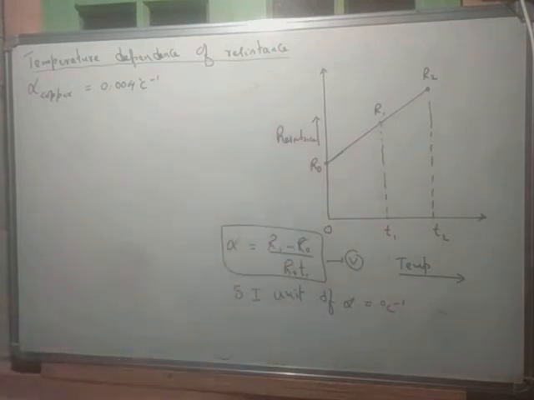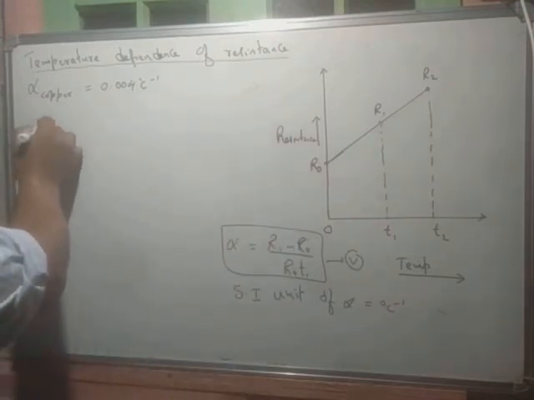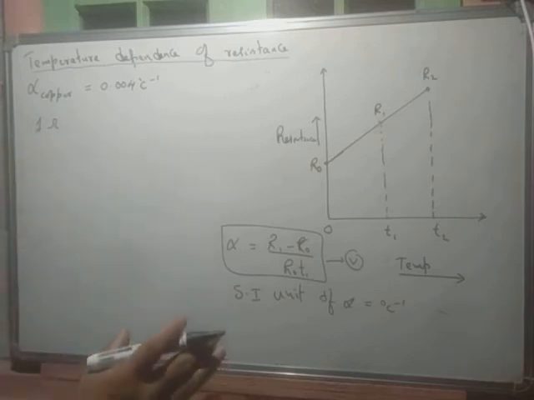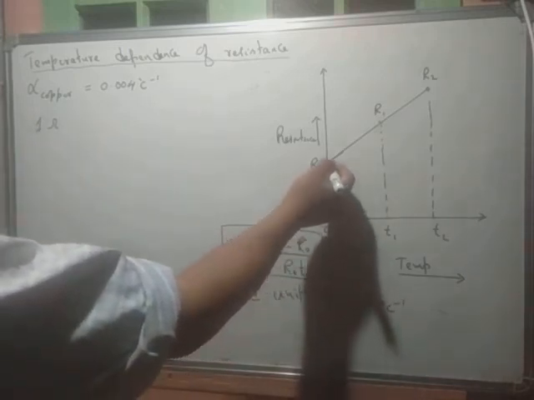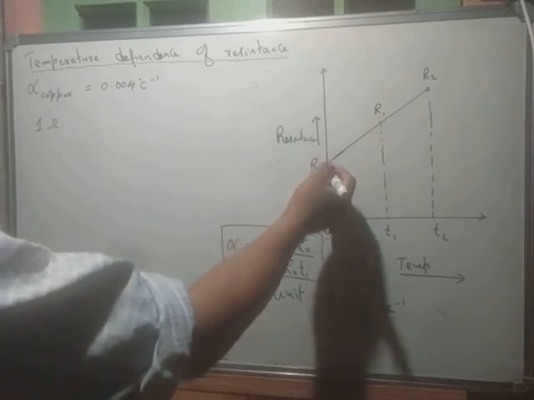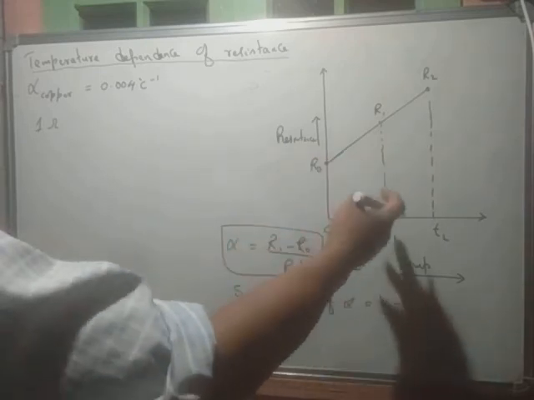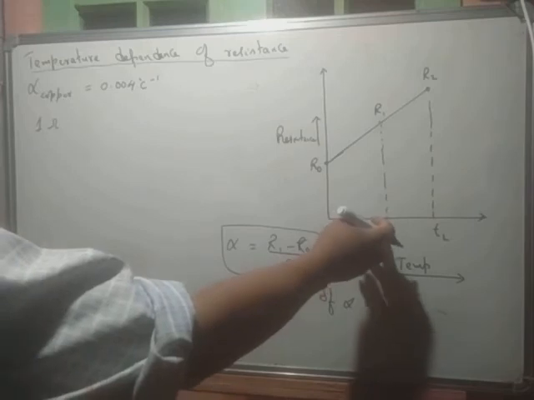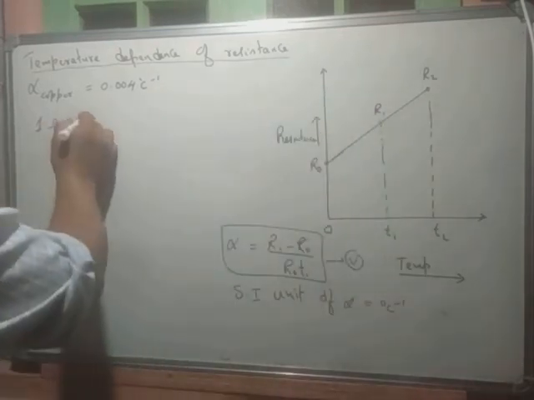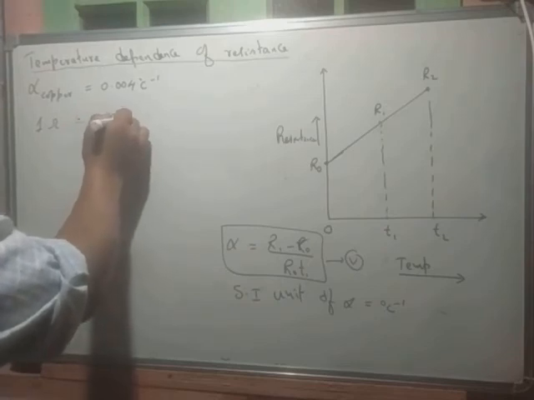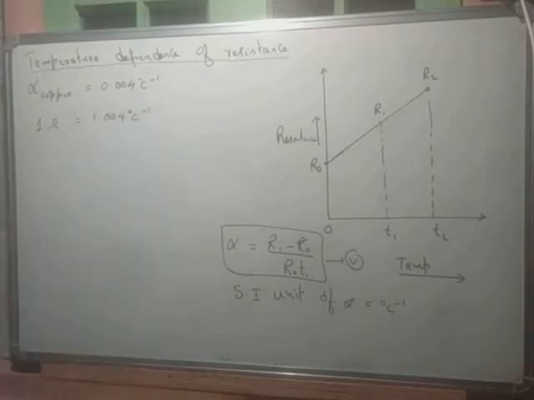This means that if a copper wire has a resistance of 1 ohm initially, suppose at temperature 0 degree the resistance is 1 ohm, now when the temperature is increased to 1 degree Celsius, then the resistance becomes 1.004 ohm.